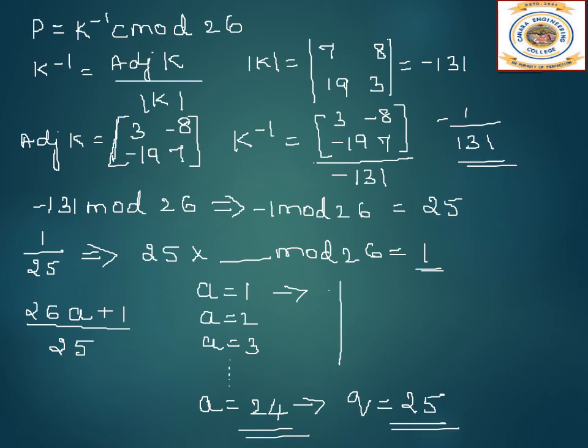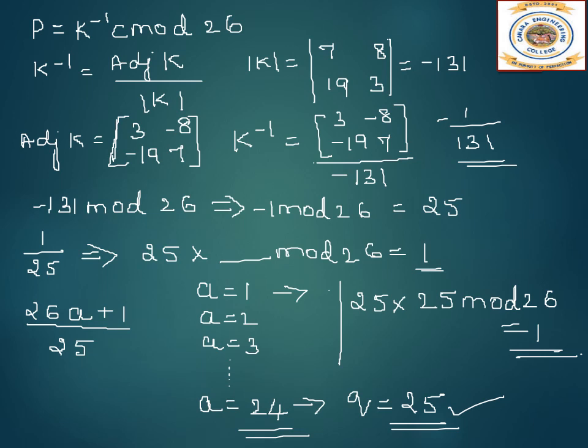So 25 into 25 mod 26 will yield 1, so 25 is the inverse of 25. You can calculate this. This is how you calculate the inverse.